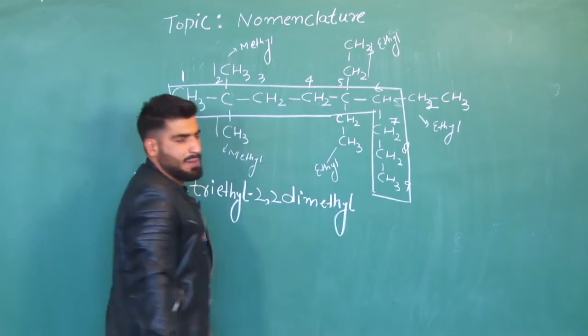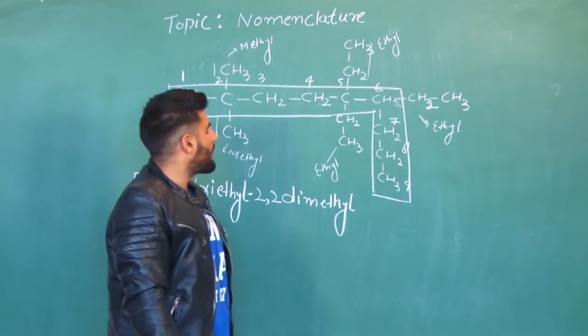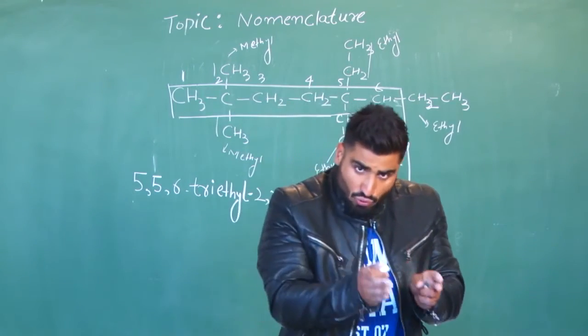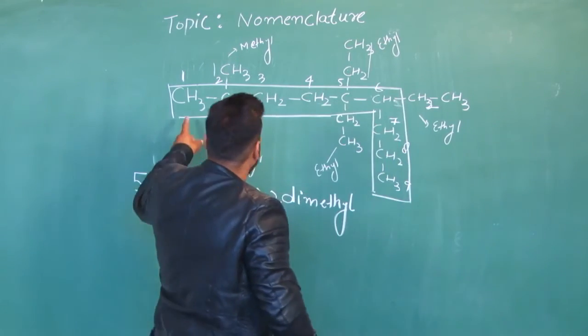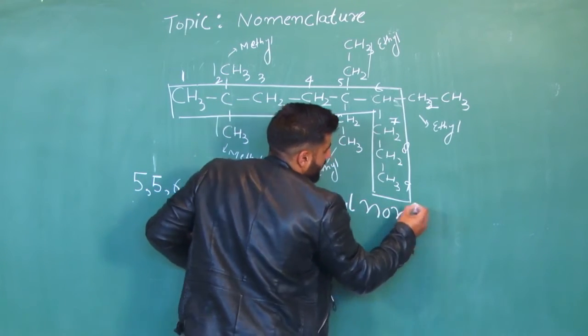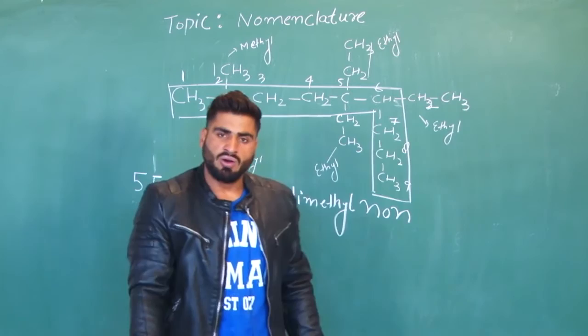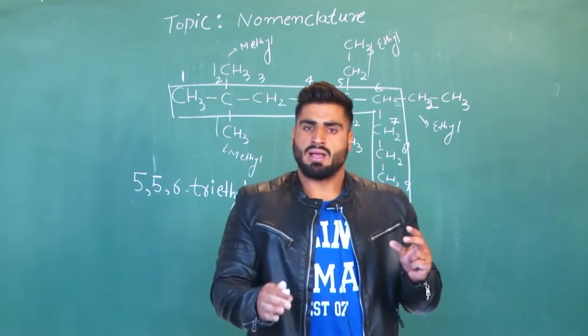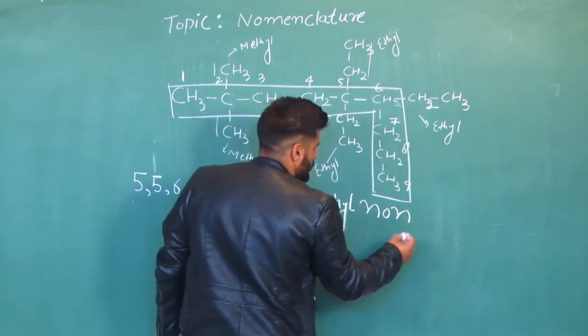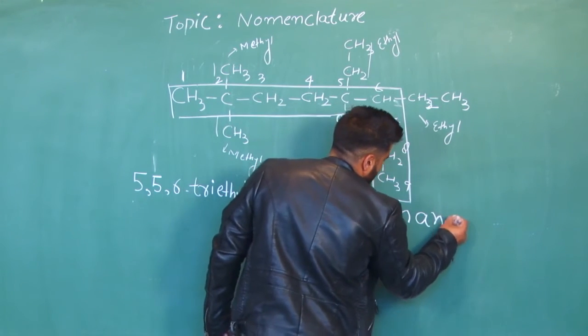My prefix is complete. Now after prefix, I will go to the root word. How many carbon atoms? I have 9 carbon atoms, so the root word will be non. After the root word, I have the primary suffix. I have only carbon-carbon single bond linkage, so I will be using ane.